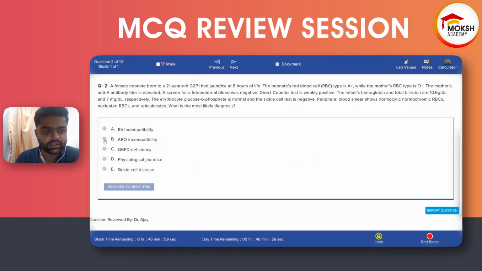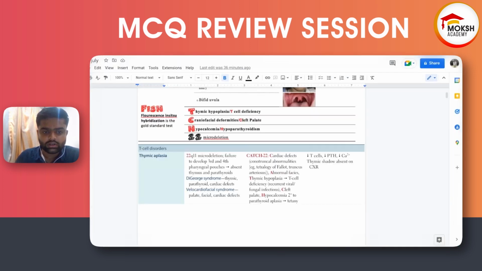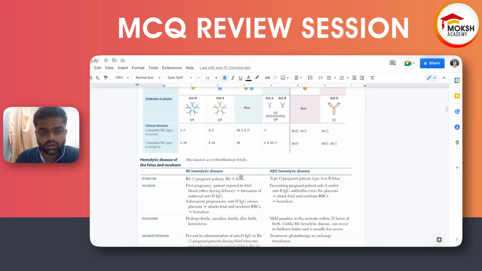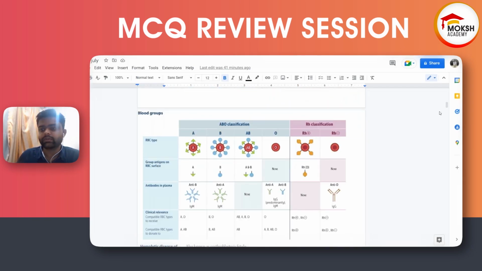So let's discuss this question. Here you can see there are a couple of blood types we have to remember. Blood groups are usually classified into ABO and Rh, or rhesus.